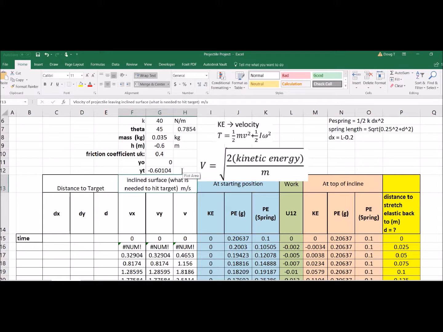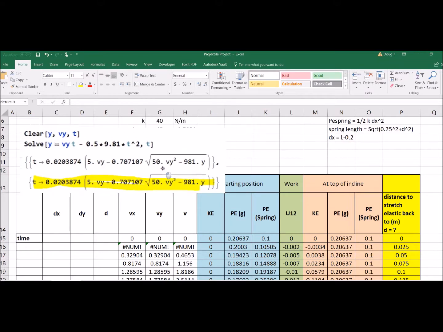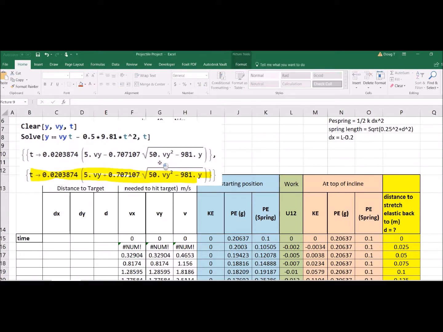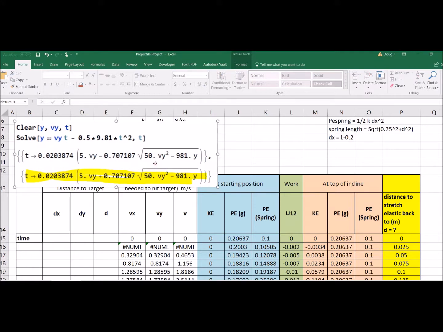So what's the time that it would take for it to fall on the ground, right? So we can take the y velocity and this position and use the constant acceleration equation, plugging that into Mathematica, and we're going to solve for the time it takes to hit the ground. We can then use the time to calculate what distance in the x direction it went.